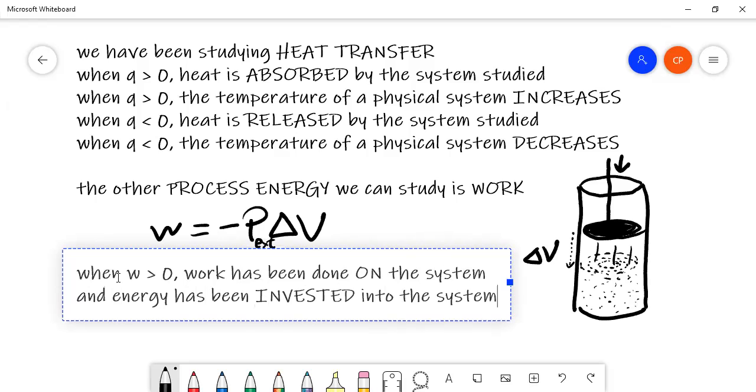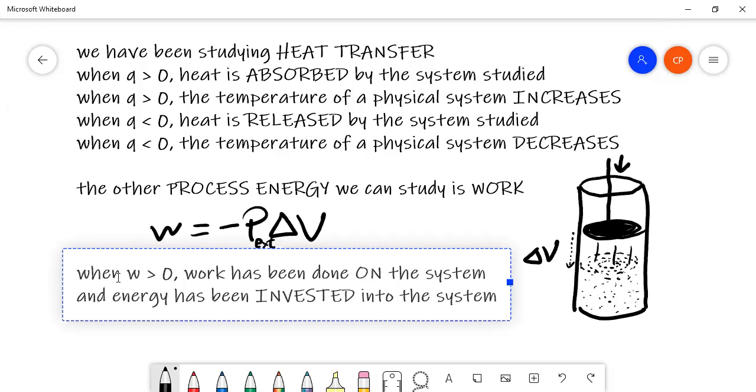Let's frame it that way. Commonly, when W is greater than 0, W is positive, we say that work has been done on the system.